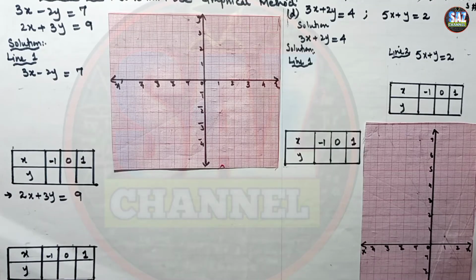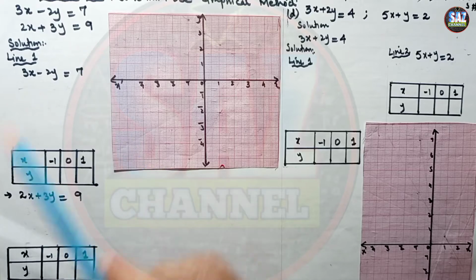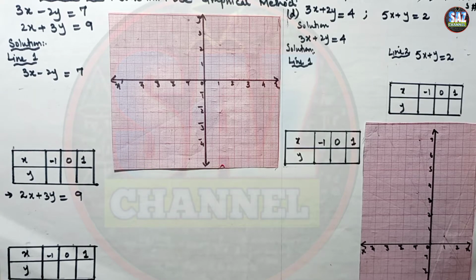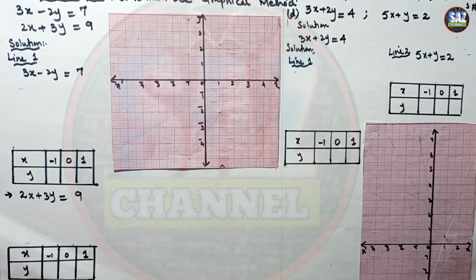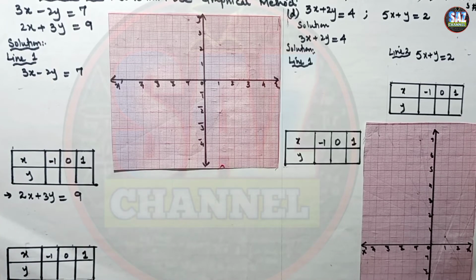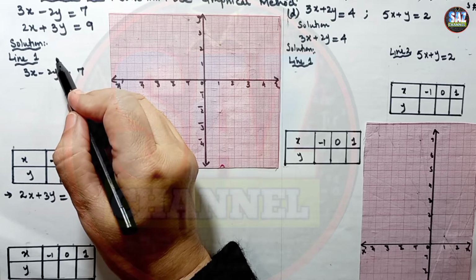Let's move to the C part of the question, that is 3x minus 2y equals to 7 and 2x plus 3y equals to 9. Let's take line 1 and make the table values for that. First of all, I have to make y the subject of formula.